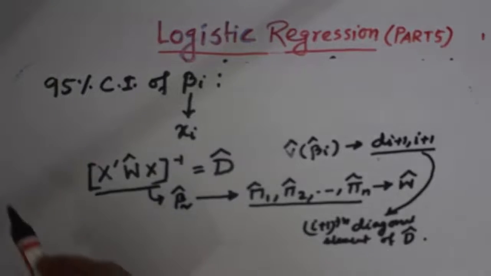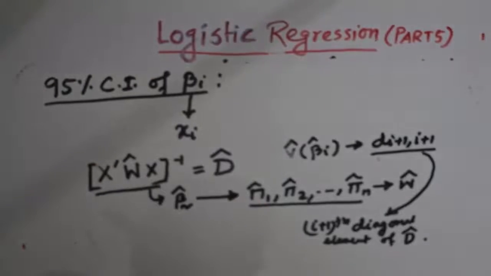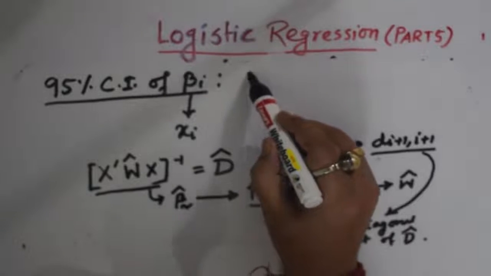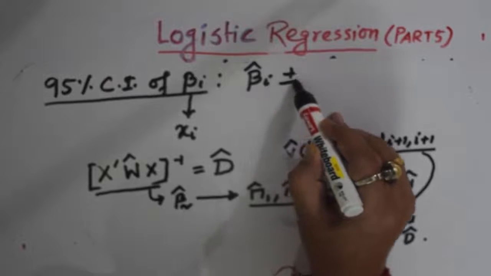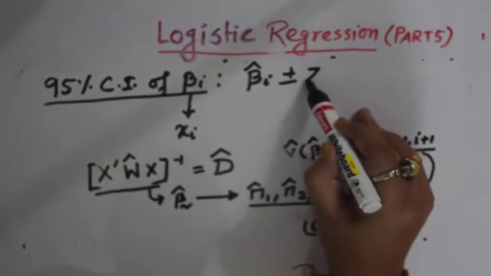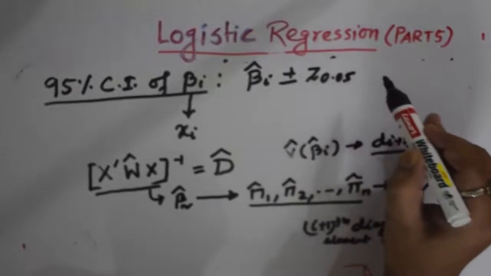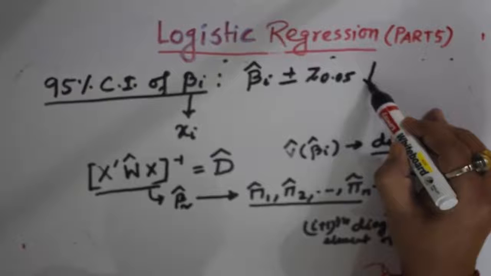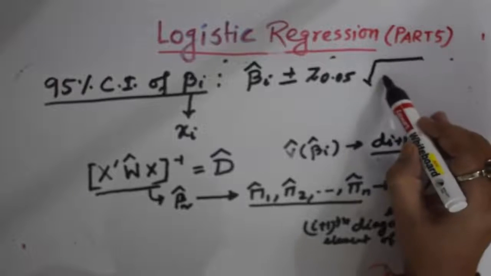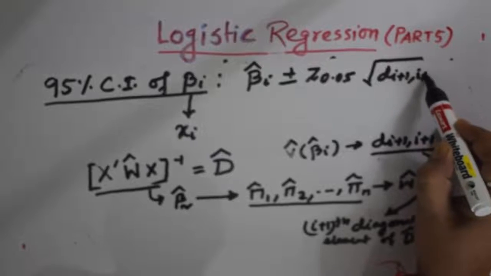Therefore the 95% confidence interval of beta i is approximately beta i hat plus minus z 0.05 root over d(i+1)(i+1).